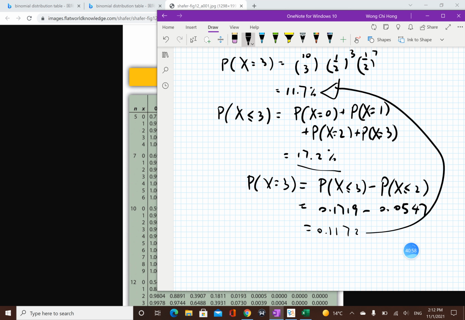If you were doing this course with me face to face, then in our exam, obviously I can't allow you to bring in a computer, so I'll be giving you these tables, and you need to be able to read them and look up numbers from them. But now, since we are doing this online, I will still provide these tables just in case, but I don't see how I can stop you using Excel to do these calculations.